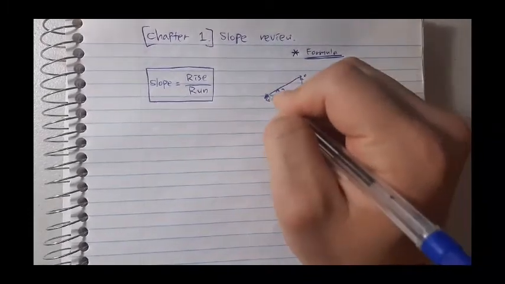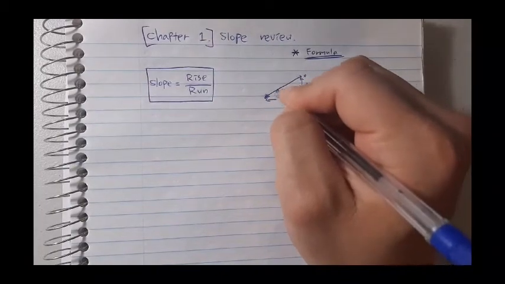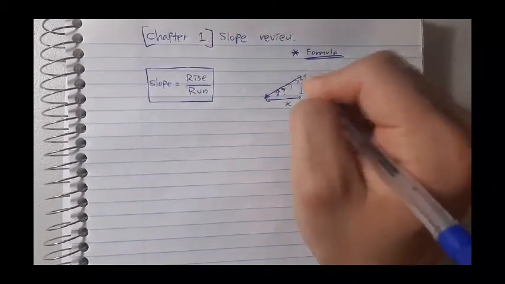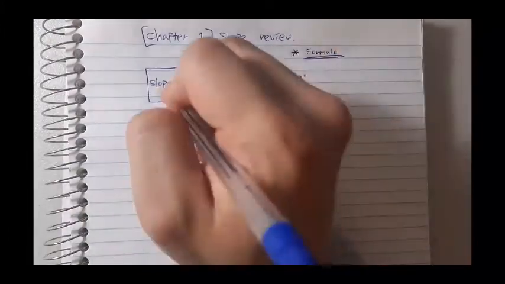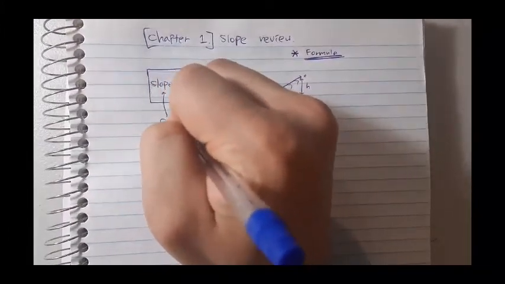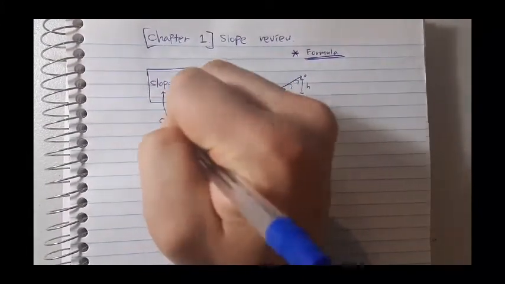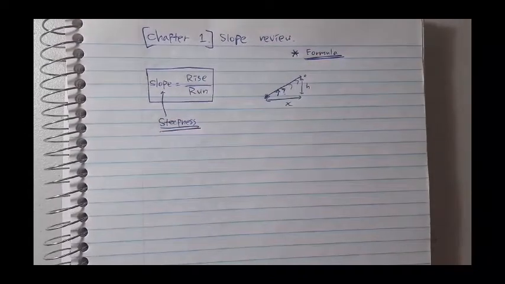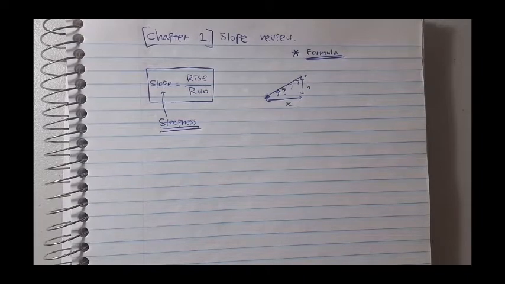An example I put in here is height as y and x as x, the run. If you think about the slope, it is basically a mathematical way of showing how steep it is, its stiffness. I don't know whether this is an actual term or not.